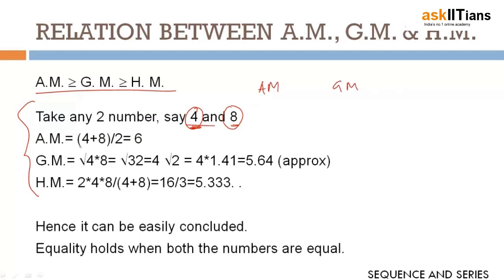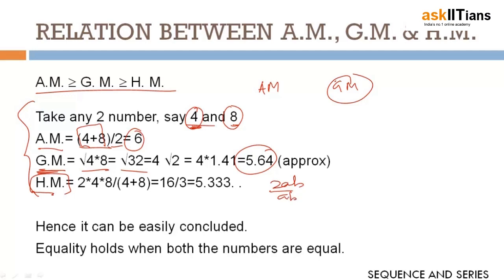From the definition, (a plus b) by 2 will give you the arithmetic mean. This will be 6. For GM, geometric mean, this will be root AB, and the value is given. For HM, the value will be 2AB upon a plus b. This is what is being shown here, 2 into AB upon a plus b.